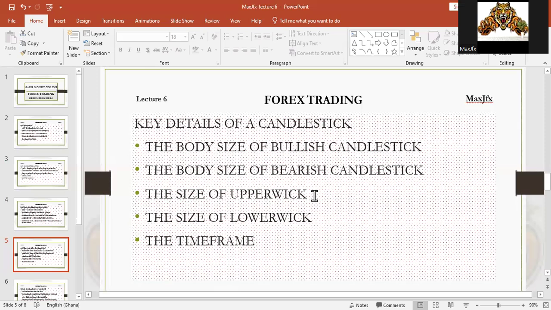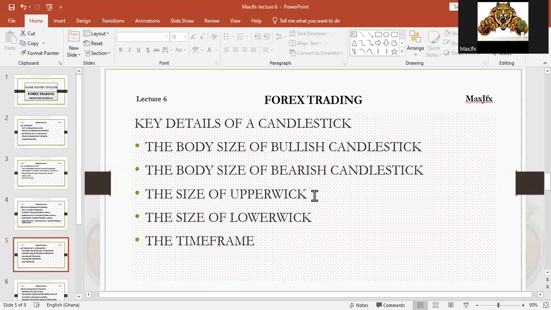The size of the lower wick also tells us that there are a lot of buyers out there. The buyers are saying, no, you want to buy at this price. So the moment the price gets there, you see a lot of buyers coming in. So this tells us a rejection from the buyers, and the upper wick tells us the rejection from the sellers when it is too long. But when it's too short, it tells us there's less rejection from buyers or sellers.